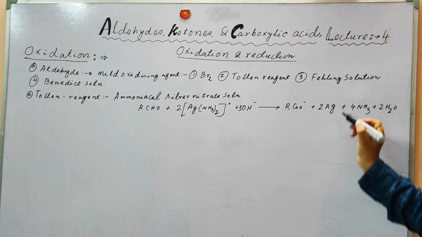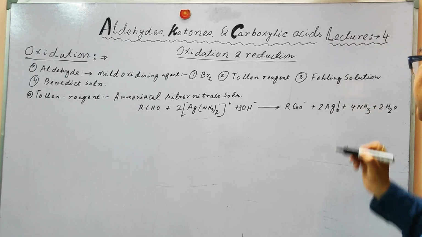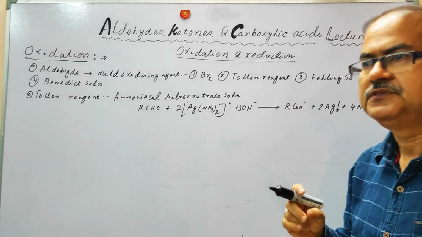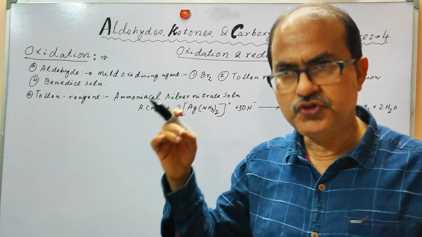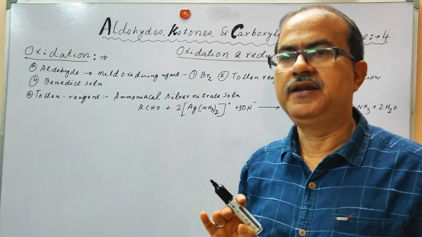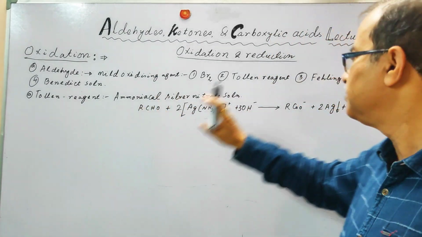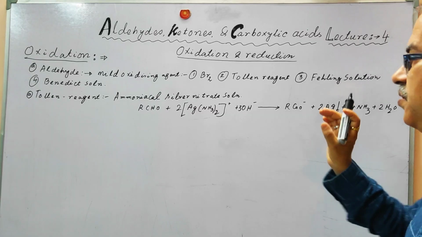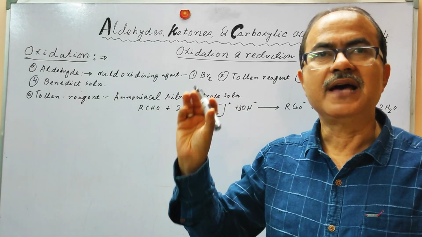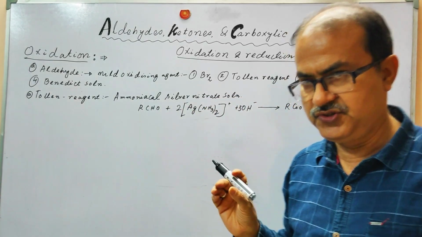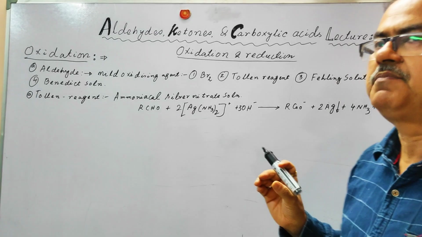Now it is balanced. So you can see the silver has been reduced by the aldehyde from the silver complex to silver metal, so we find a shining silver mirror in the reaction bath after the reaction.